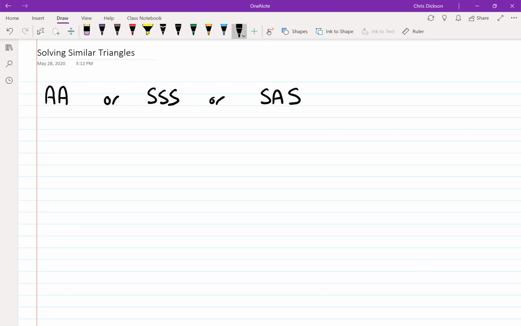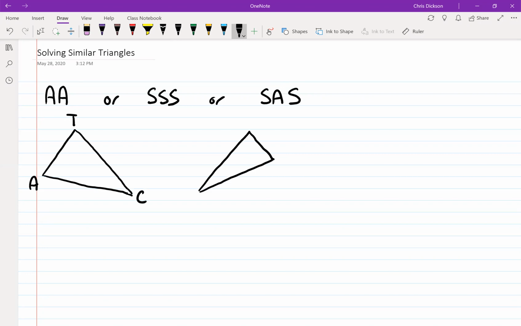So if I was to look at a triangle, just for time purposes, I'm going to draw this freehand. I really should be using a ruler to draw these triangles. But let's say this triangle here, we'll call this triangle ACT. And another triangle over here, we'll call this one triangle BEN, okay?